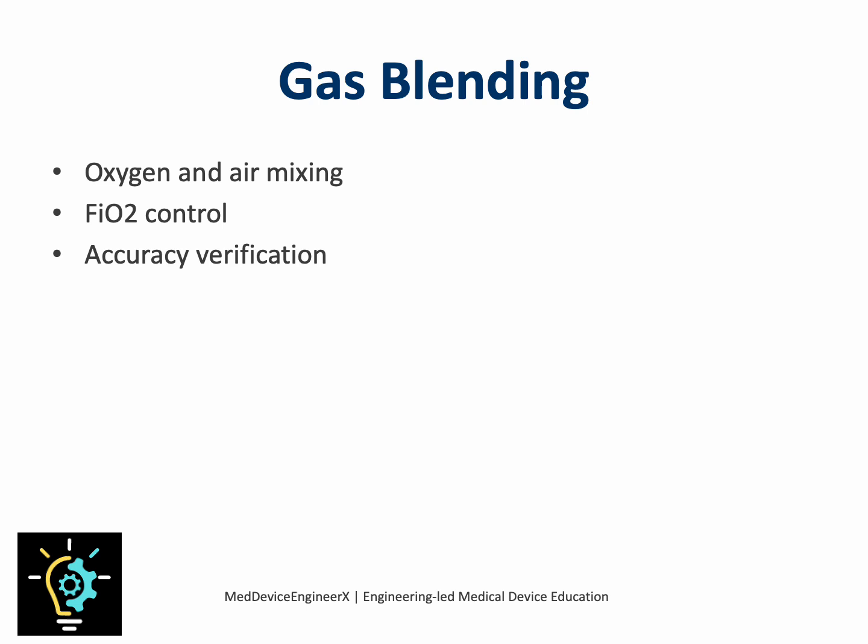The PB980 blends oxygen and air internally to achieve the desired fraction of inspired oxygen, FiO2. This blending occurs before gas is delivered to the patient. The system calculates how much of each gas is required and adjusts proportional valves accordingly. Sensors downstream verify that the delivered mixture matches the commanded FiO2.